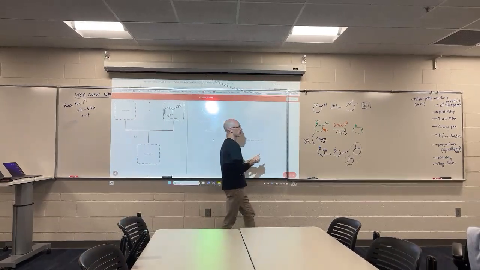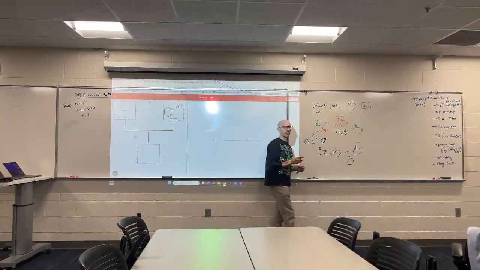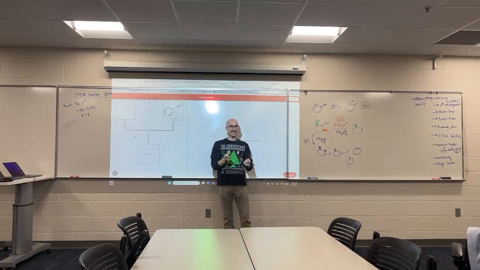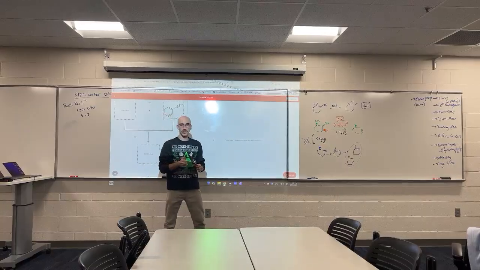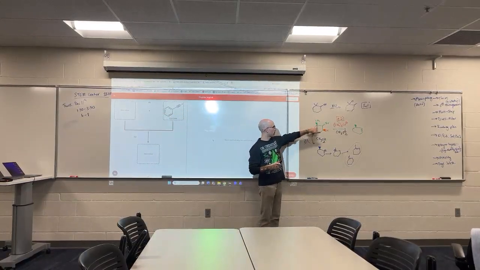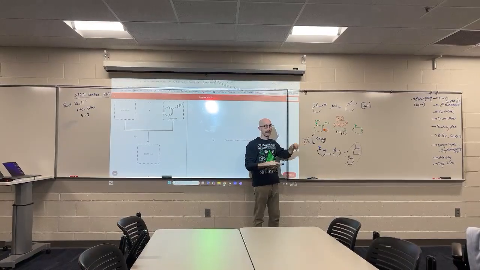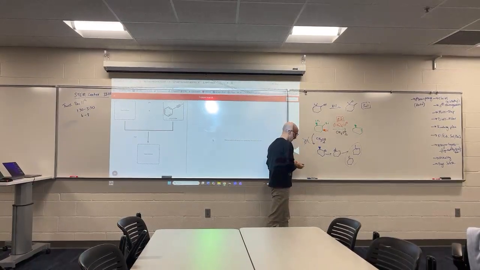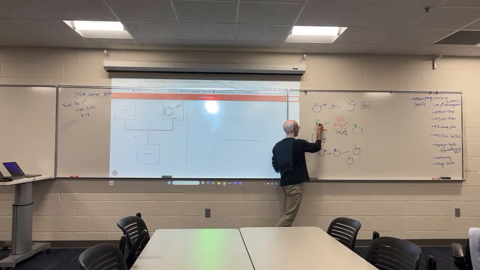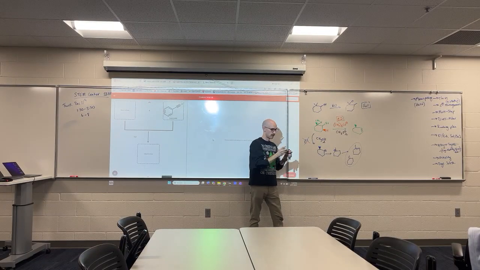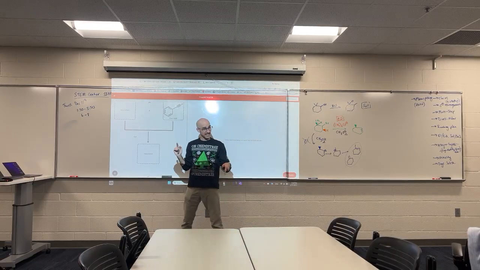We said tert-butoxide will run E2, which means that it has to be a wedged hydrogen. Is there a wedged hydrogen on this position? There's a dashed hydrogen, but is a dashed hydrogen and a dashed bromine anti to each other?